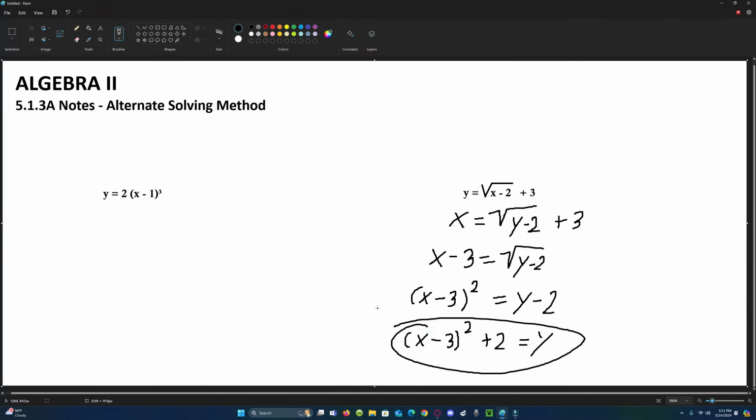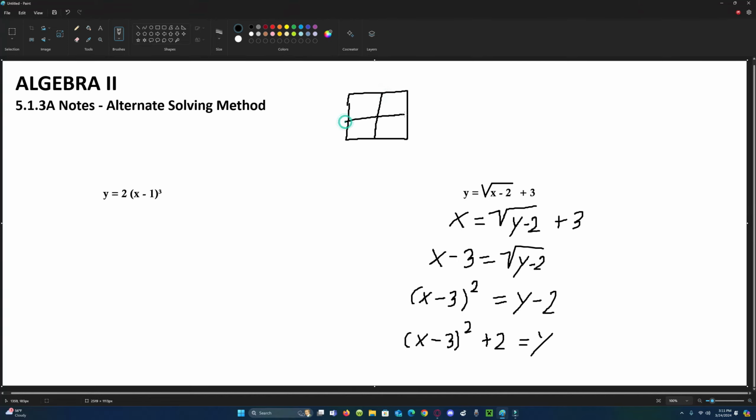You would think that we could stop there, and you could, but we can simplify this further. Going back to using our little square thingy, we can actually factor this out. So we can have x minus 3 and x minus 3, and this gives us x squared, negative 3x, negative 3x, and 9.